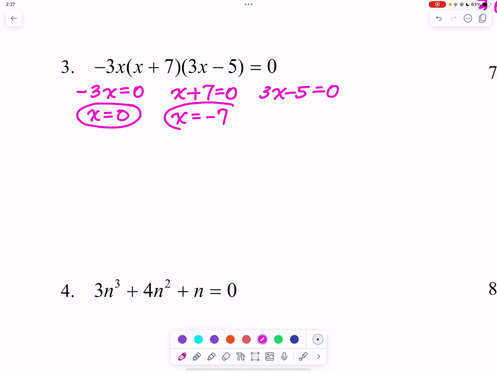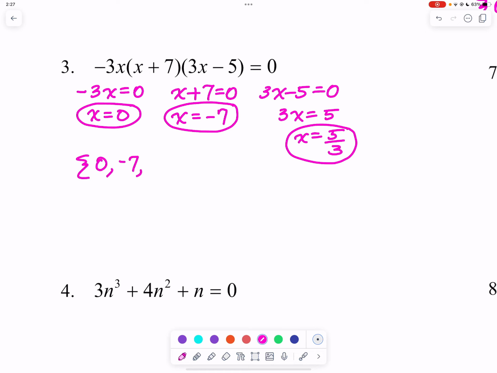Subtracting 7 from both sides, we get x equals negative 7. And now we're going to add 5 to both sides and divide both sides by 3. So our solution set is 0, negative 7, and 5/3.